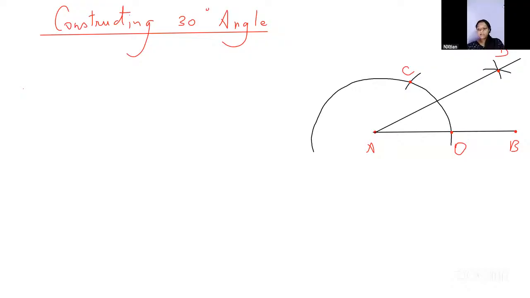So this angle that you just drew here is 30 degree. Bisecting basically means drawing half of an angle, or making an angle and then making its half.